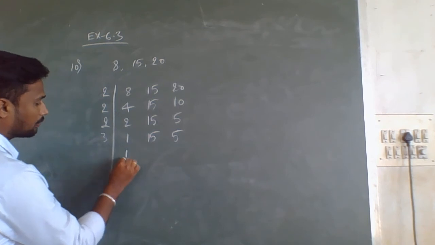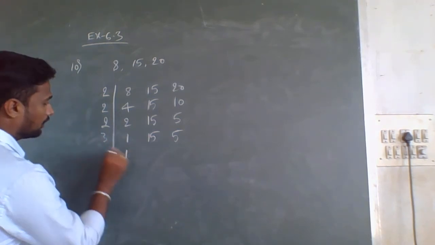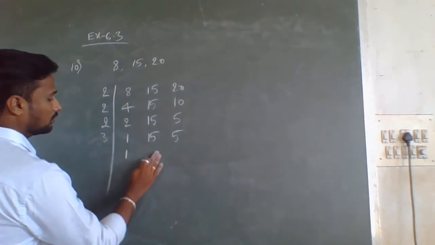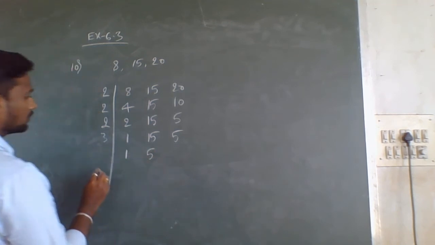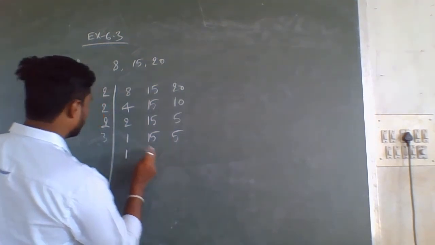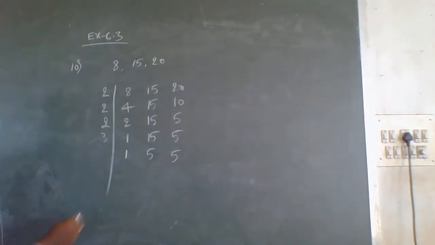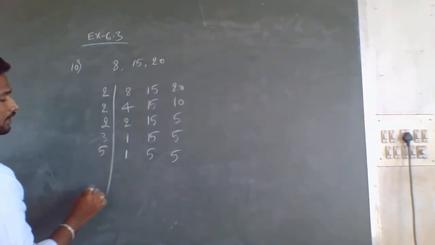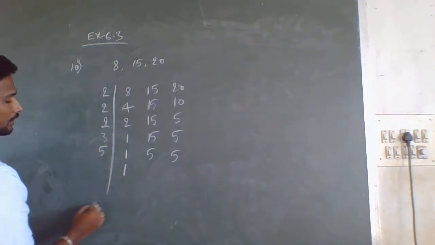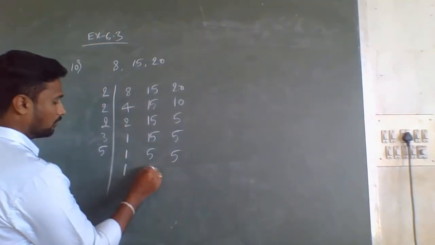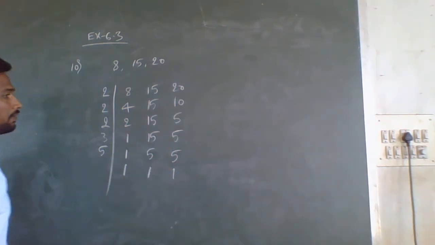So here 1, I will write it as it is. Next 3 fives are 15. Next here it is 5, it is not there in table 3, so I will write it as it is. What we got here is 5 and 5, which are not in table 3, so I will write them as it is, 5 ones are 5, 5 ones are 5.